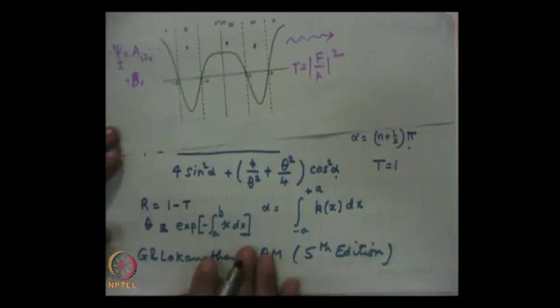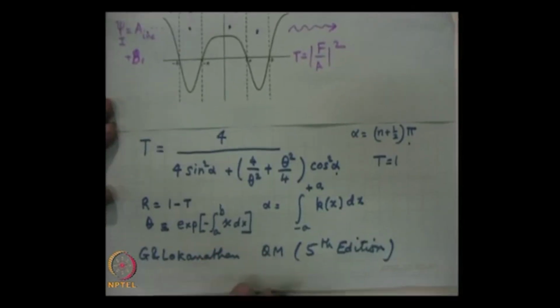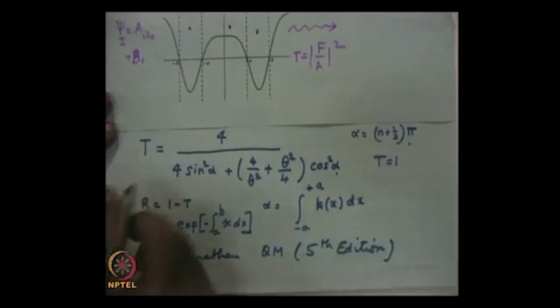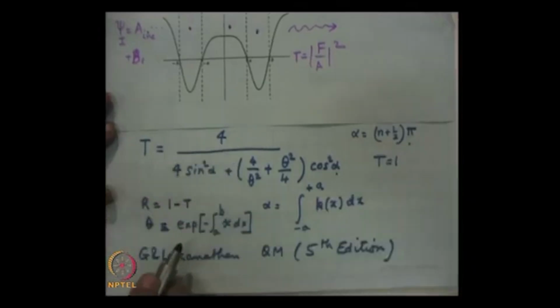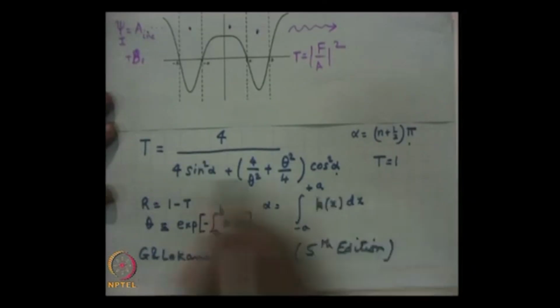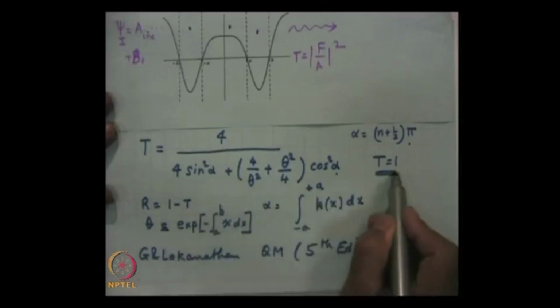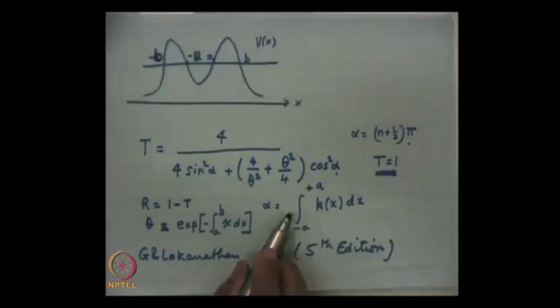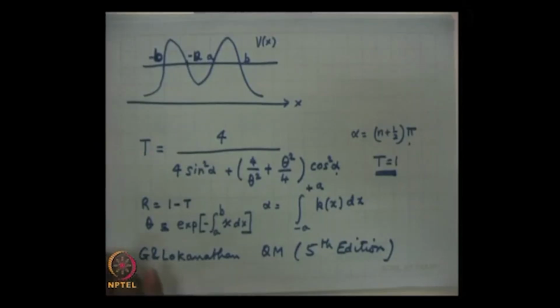The details are there also, but I would like you to work this out and obtain an analytical expression for the tunneling probability, and this tunneling probability becomes equal to 1 irrespective of the shape of the potential structure when alpha becomes equal to n plus half pi, and those are known as the Fabry-Perot transmission resonances.